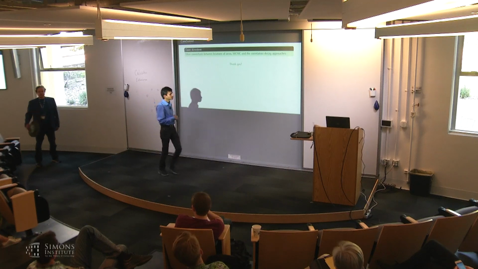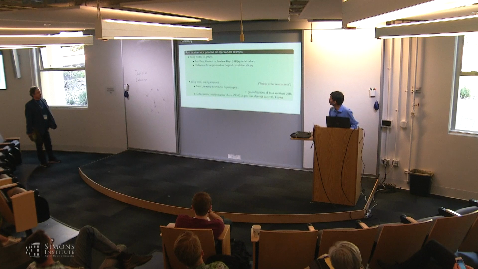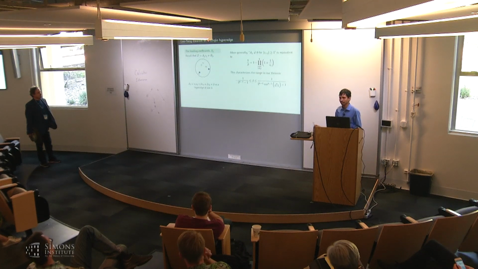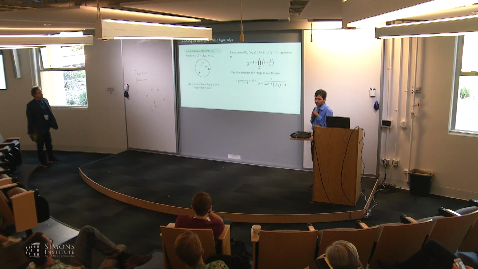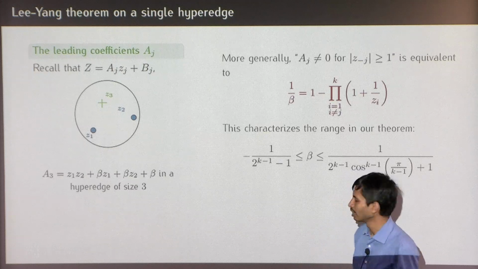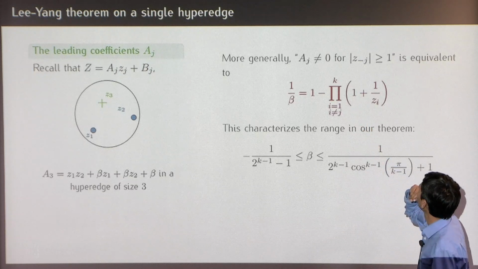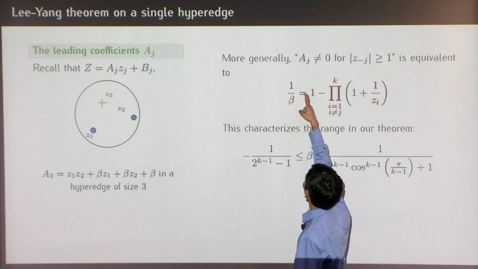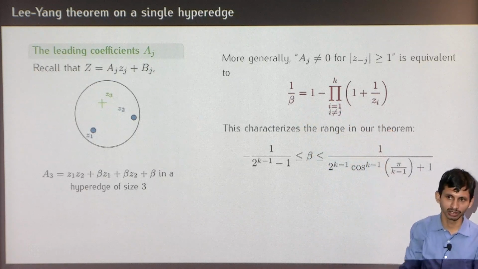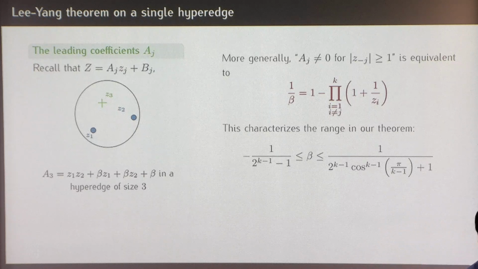Go back to the single hyperedge slide. Yeah. So you just write down A_J for a hypergraph with J vertices, and then you ask what it means. It's the other way around: 1 over beta should not be equal to this whenever z is in the given region. A_J being equal to 0 is equivalent to this equality holding.